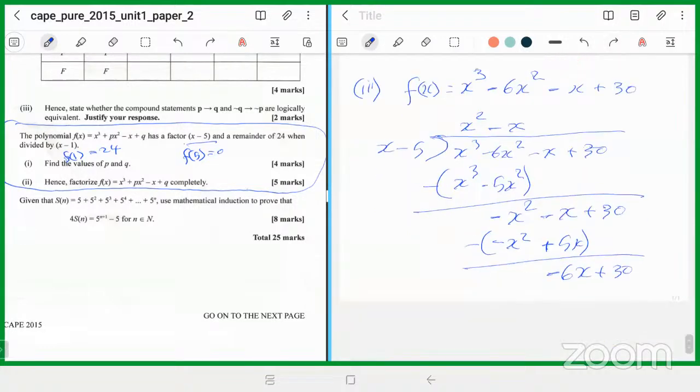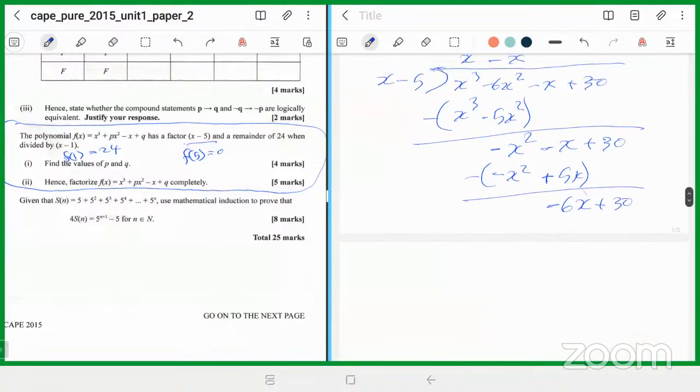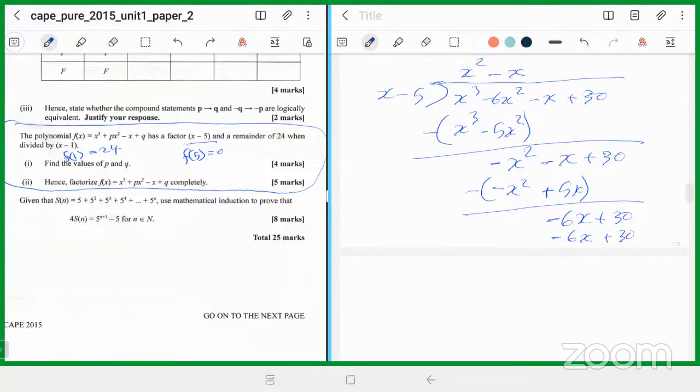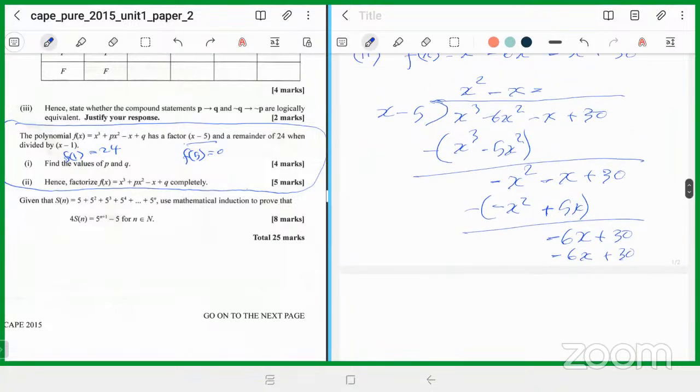And then now, this divided by that, so I'm going to get minus 6. Minus 6x plus 30. I need to put up the minus 6. And then these now we subtract them, getting 0.